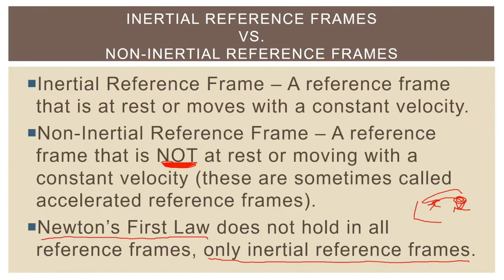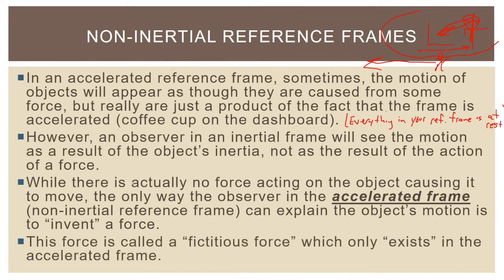That force, as we said, is called a fictitious force. And the reason why we call it a fictitious force is because it doesn't actually exist, but it is the only possible way that somebody in an accelerated reference frame could explain the motion of the objects.